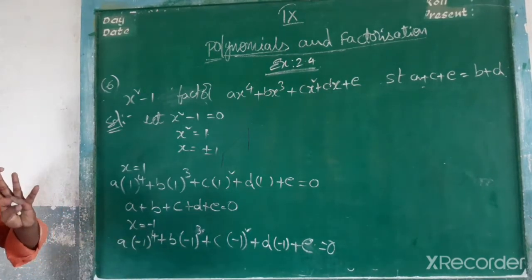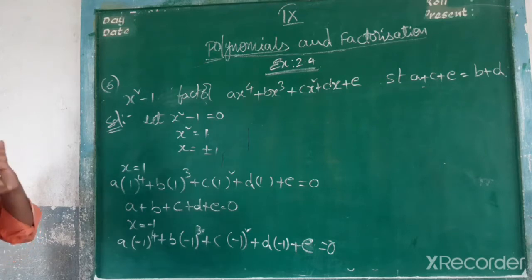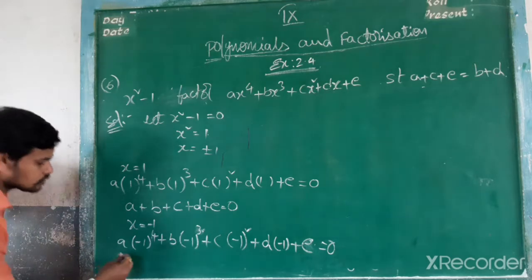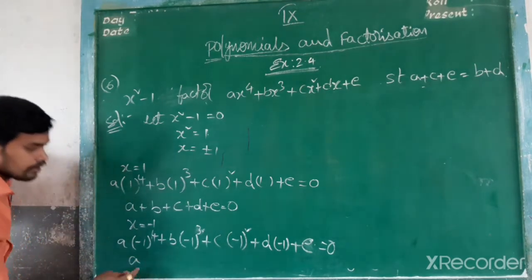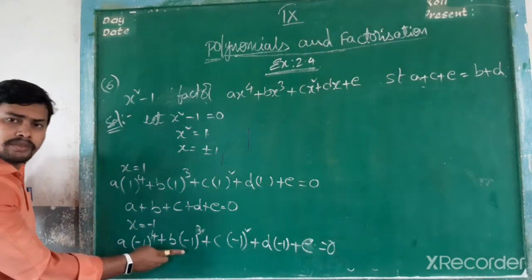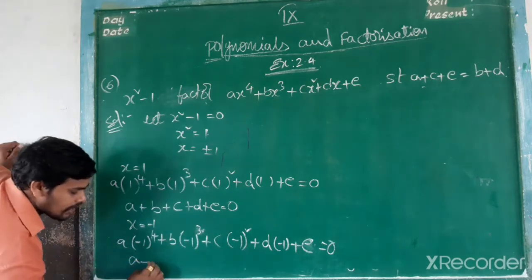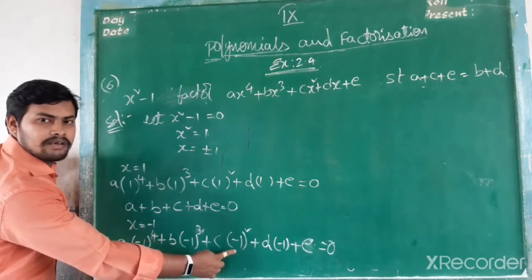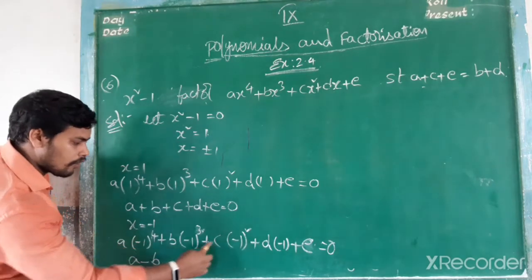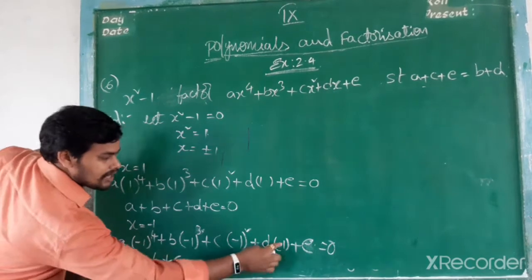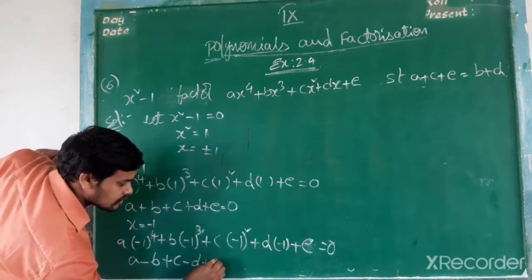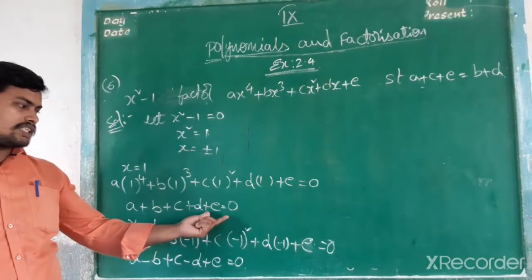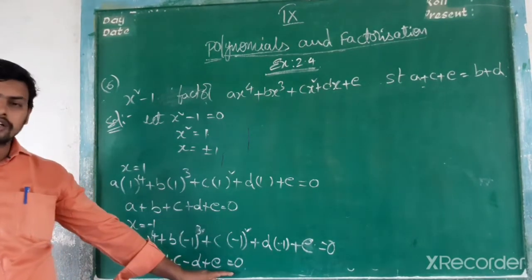Minus minus plus, plus minus minus, minus minus plus, so a negative sign with an even power becomes positive. So a into 1, a. Minus 1 whole cube, the result is minus 1, so minus b. Minus 1 whole square is 1, so 1 into c. Then minus d plus e. Here this equation is equal to 0, and this equation is also equal to 0.